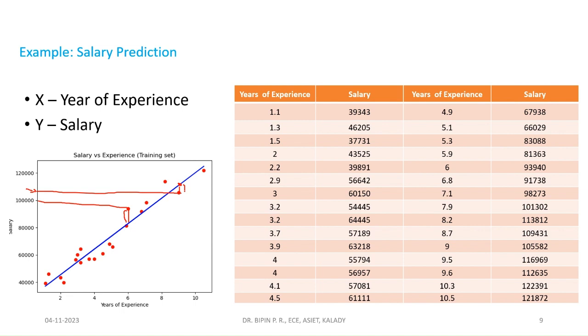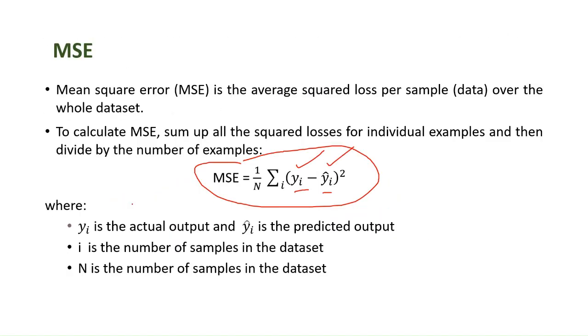So the best fit line doesn't mean that this line passes through all the data points, but that the error between the actual one and the predicted one is minimum overall.